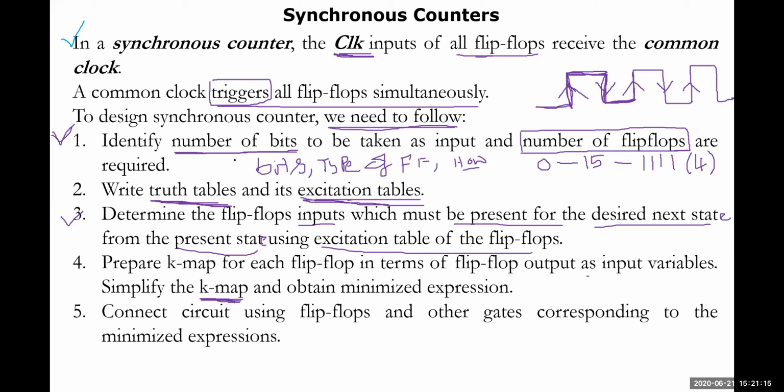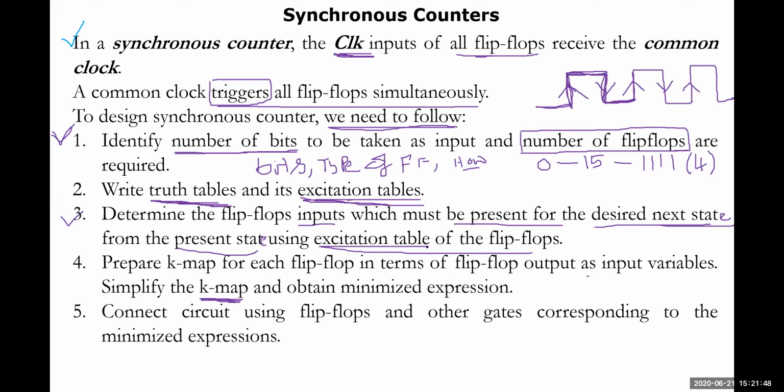After this, what shall we do? For every flip-flop, we have two outputs: one is the present state output, and the second is the next state output, as we learned about flip-flops in the previous classes. Based on that, the desired next state must be identified from the present state using the excitation table, not the truth table.